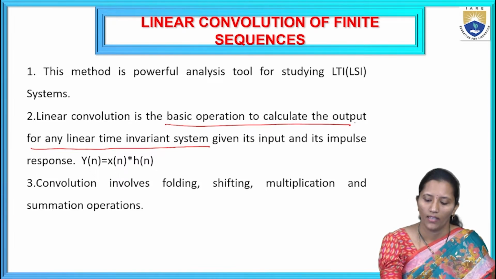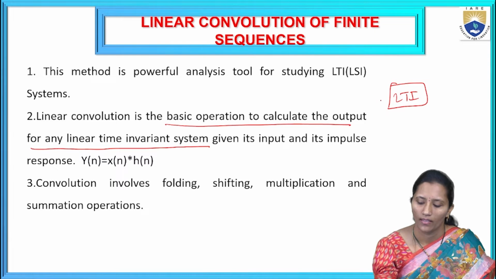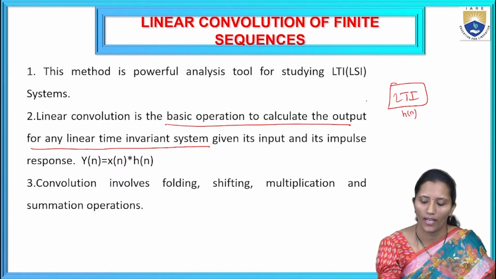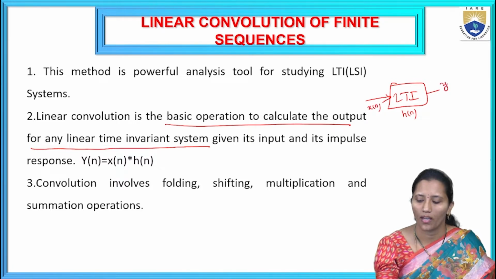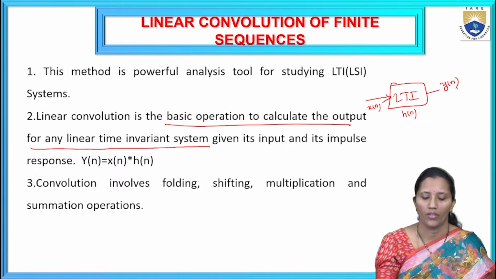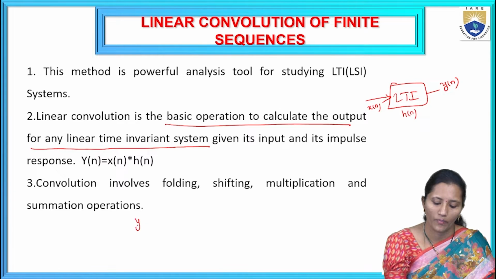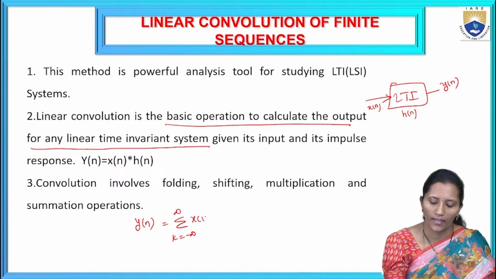If we take an LTI system, the impulse response is given h of n and the input is given x of n, then the output response is calculated by using linear convolution, that is x of n star h of n. Here the formula for y of n is sigma k is equal to minus infinity to infinity x of k into h of n minus k.